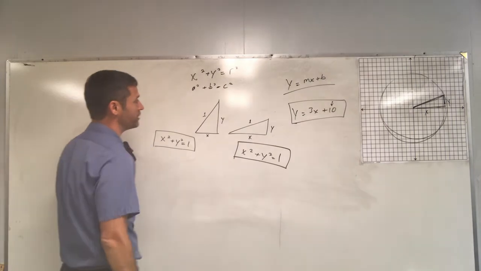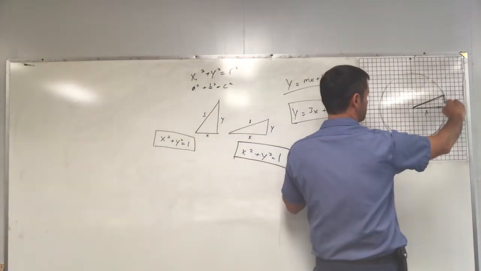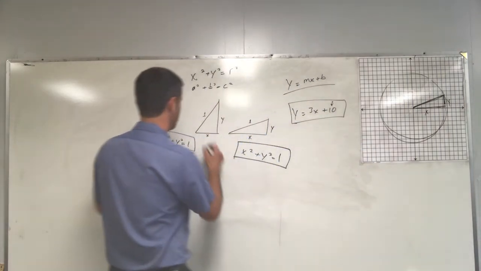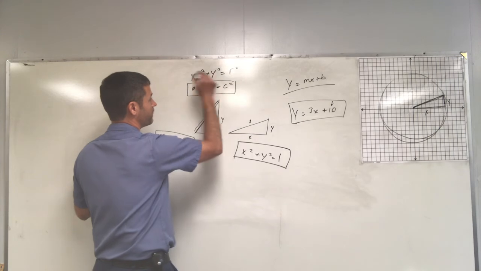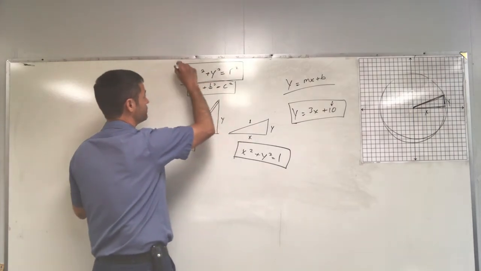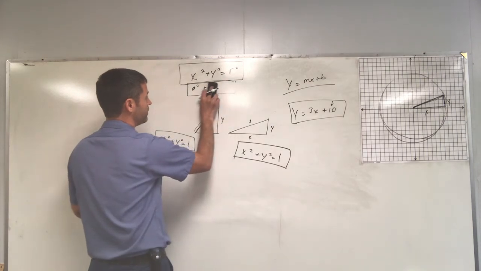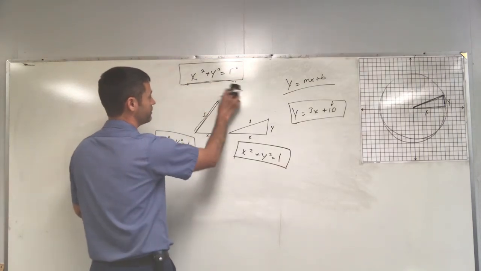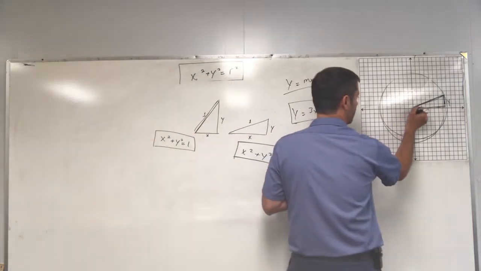We just renamed the a and the b as the horizontal distance being x and the vertical distance being y, and then the c squared, the hypotenuse, is the radius of the circle. So the Pythagorean theorem right here turns into the equation for a circle, x squared plus y squared equals radius squared. That is for circles that are centered at the origin, that have their center point at 0 and 0.